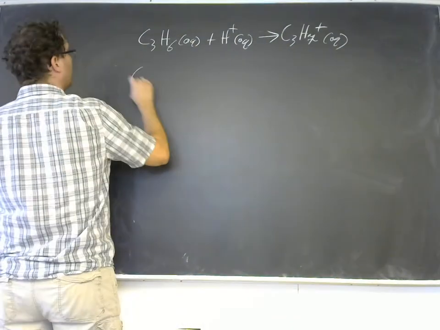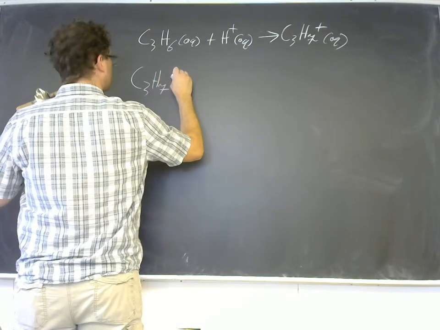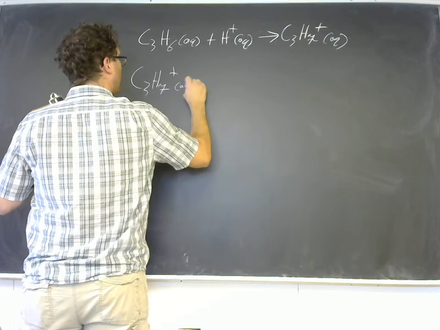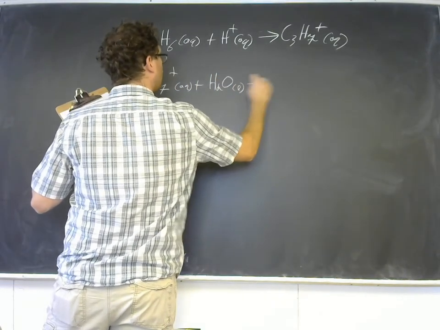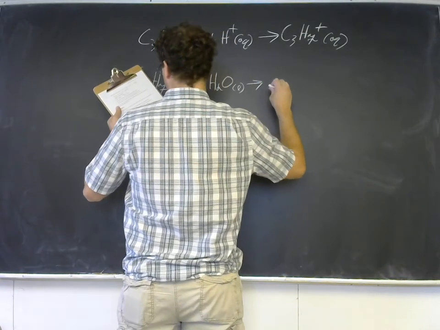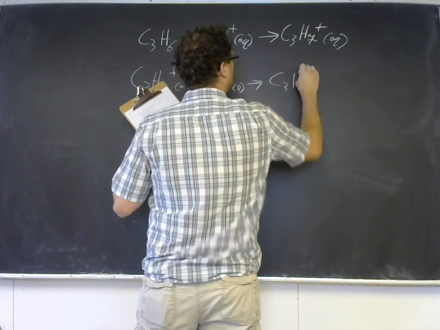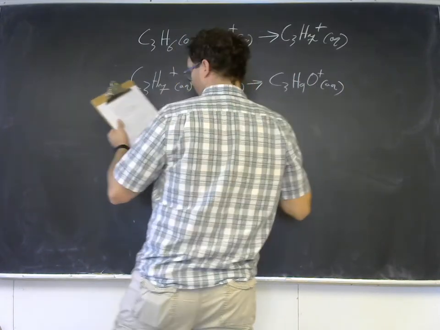And then we have C3H7+ aqueous plus H2O liquid, and that's going to form C3H9O+ aqueous.